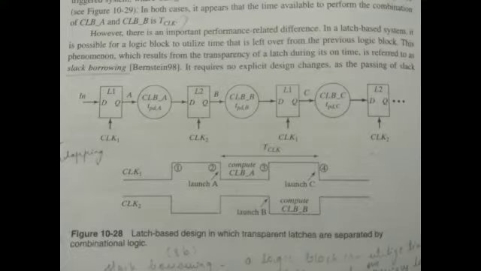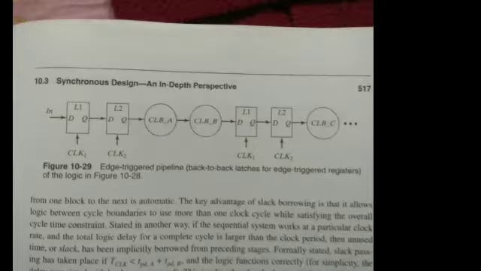Consider the latch based system here. In this example, signal A, the input to CLB-A, is valid well before edge 2. This implies that the previous block did not use its entire allotment, producing slack time as denoted by the shaded area. You can see the shaded area.